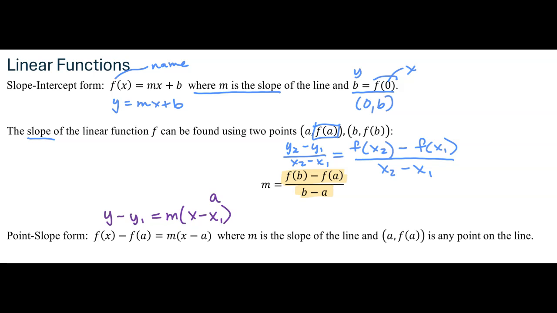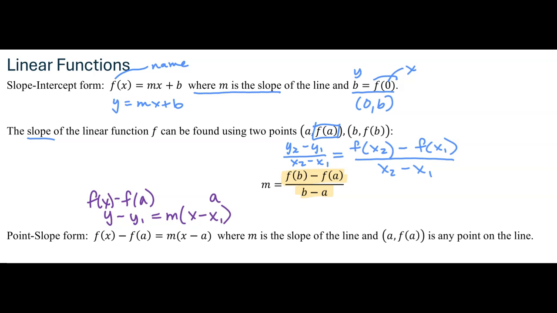So we'll just say x1 we're going to call a, and if we want the y value at that x, we would just plug into f. So we're replacing x1 with a, y1 with f of a. And then just like in slope-intercept form, we replace y with f of x. So it might look crazy, but it really is the exact same formula.